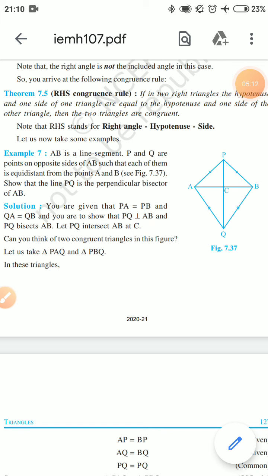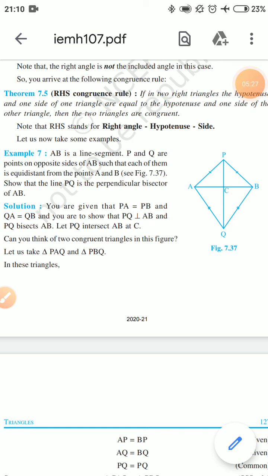It means point P is equidistant, that is the length of P from A is the same as the length of P from B. And in the same way Q is also equidistant.